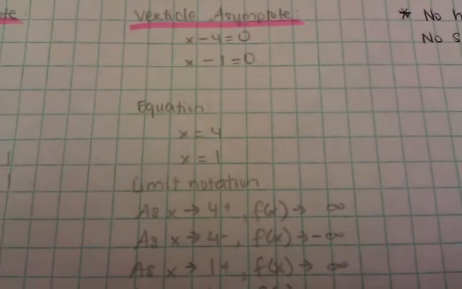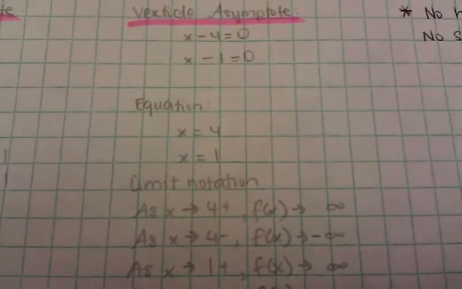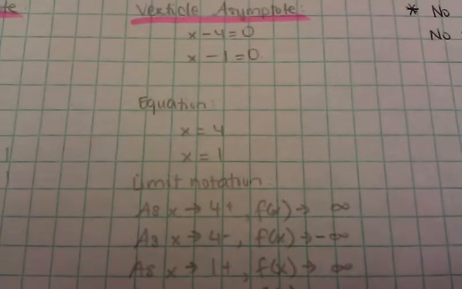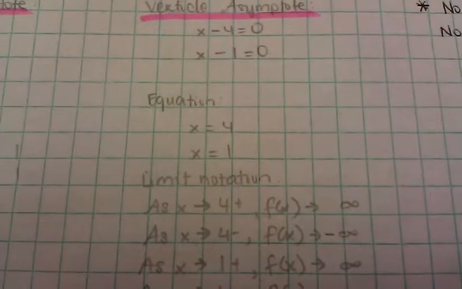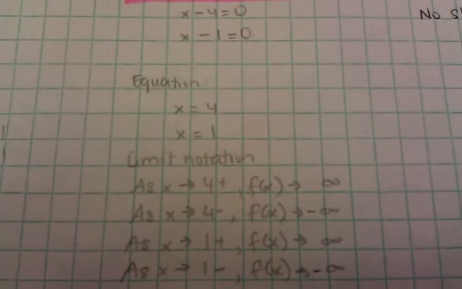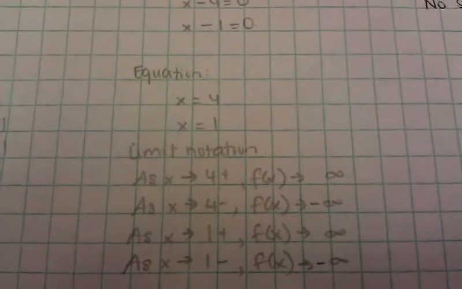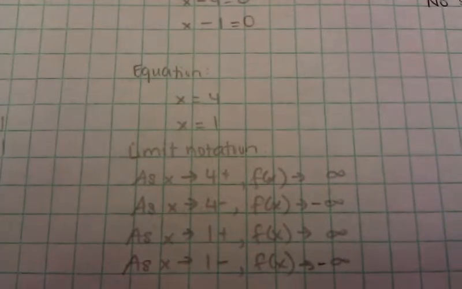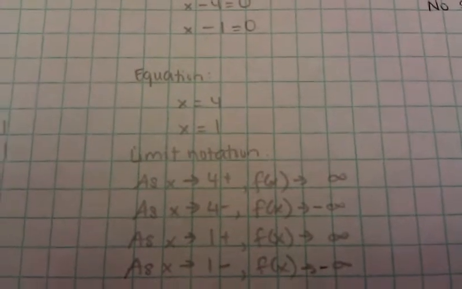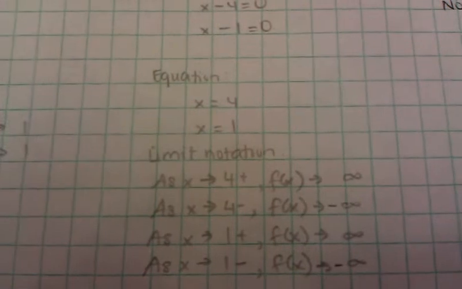As x approaches 1 positive, f of x approaches infinity. As x approaches 1 negative, f of x approaches negative infinity. And how do I know that? By using the graphing calculator.